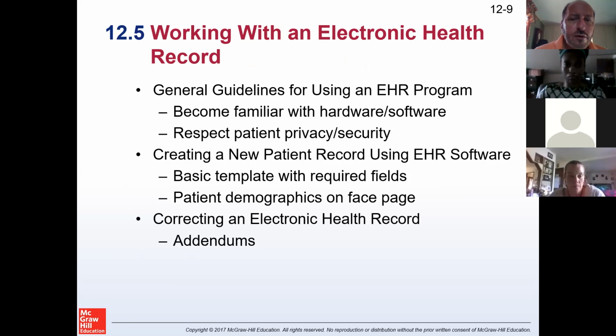So, working with your EHR program, most of the time when somebody gets hired, they're going to do some kind of orientation process with you, so you at least become familiar with the hardware. And the hardware, remember we learned last week, is the stuff you can touch: the computer, or the laptop or desktop or whatever you're going to work with.